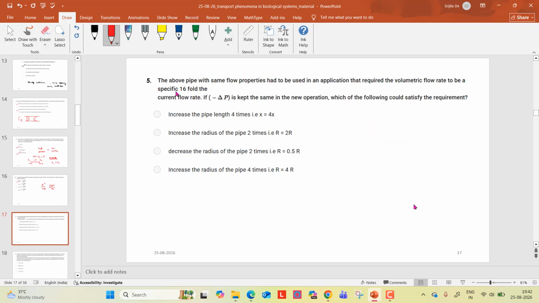Next. The above pipe with same flow properties had to be used in an application that required the volumetric flow rate to be a specific 16-fold the current flow rate. If minus delta P is kept the same in the new operation, which of the following could satisfy the requirement?